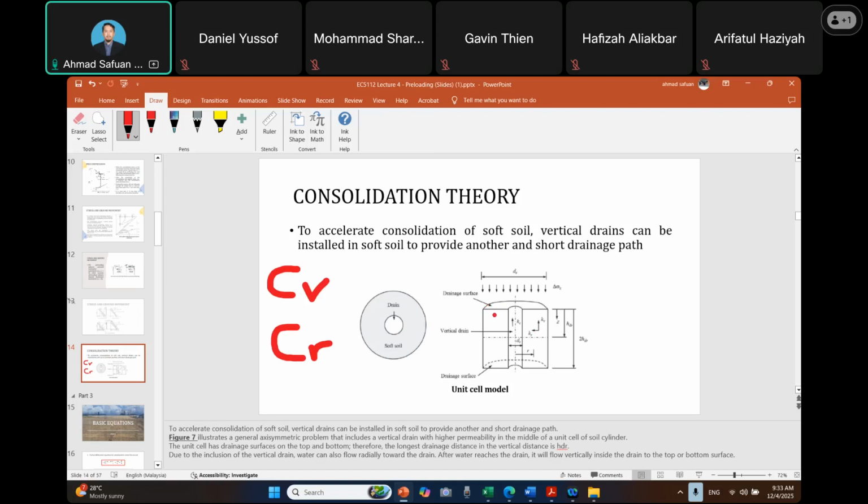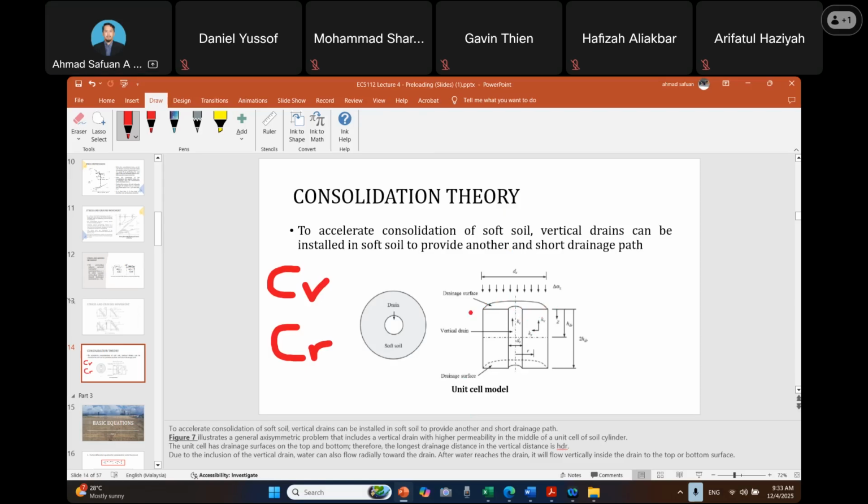Because the diameter of the vertical drain is relatively small compared to the length of the drain, horizontal or radial movement will happen first, then we continue with the vertical movements inside the vertical drains.